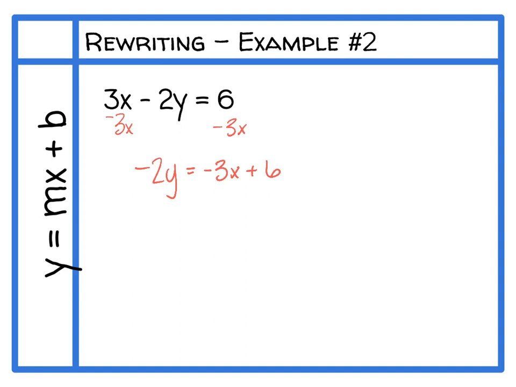I need to get rid of that negative 2. Negative 2 and y are being multiplied, so I'm going to divide both sides by negative 2. When I do that, I am dividing every single term by negative 2. So y equals, and watch this, negative 3 divided by negative 2. Negative divided by a negative is a positive, so that's 3 halves x. And then we have 6 divided by a negative 2, which is negative 3.